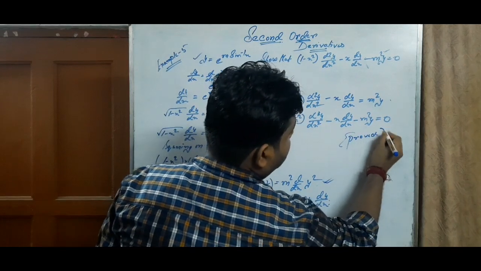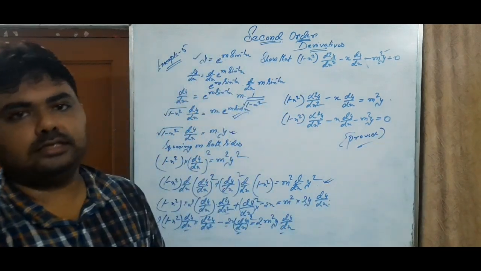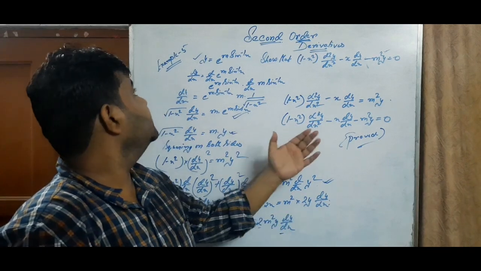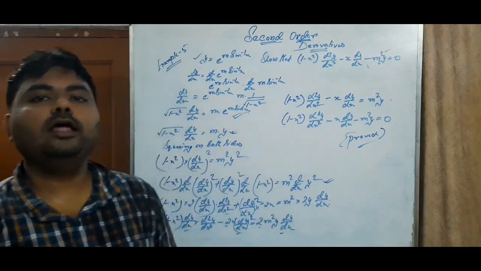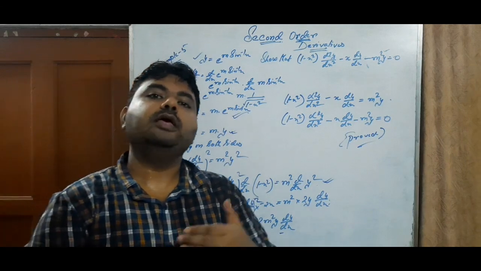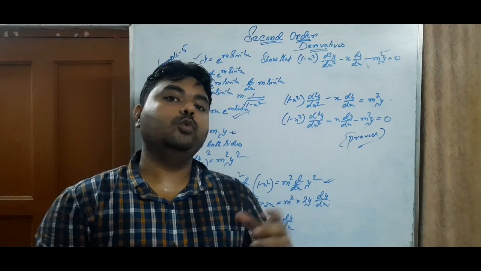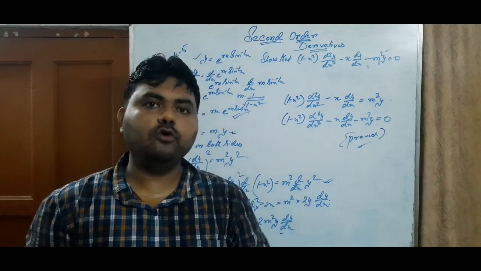So we can apply both methods, whichever is easier for you. That is the second example. What we have done: first order derivative, then we differentiate that function again, which is the second order derivative, then we substitute the values in the LHS and RHS.